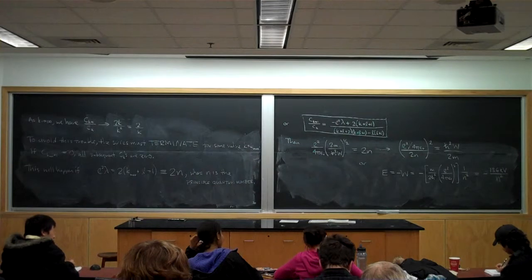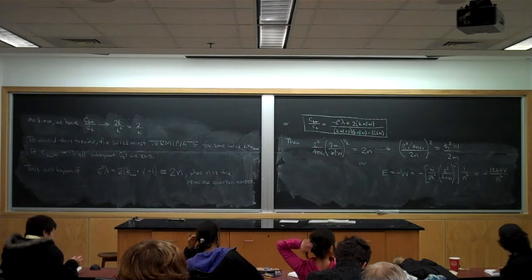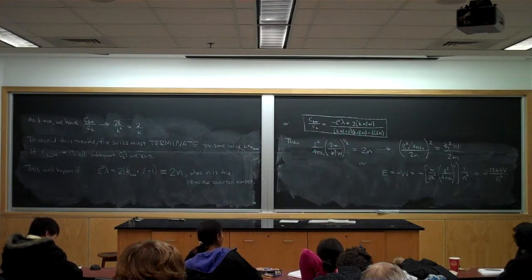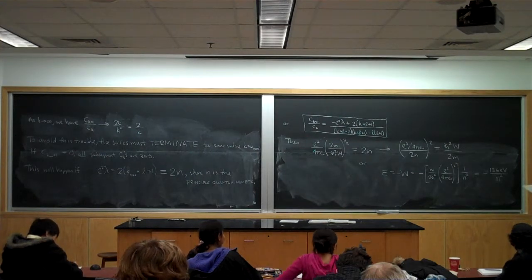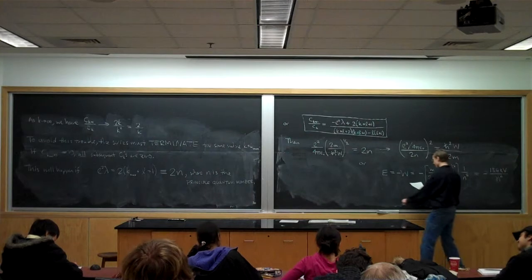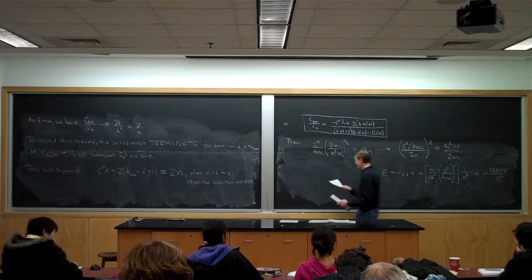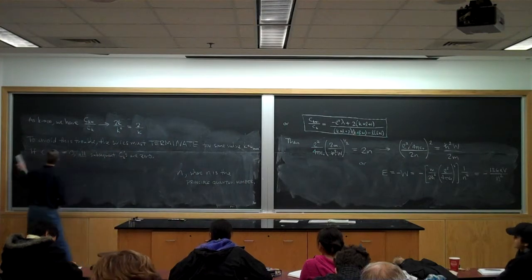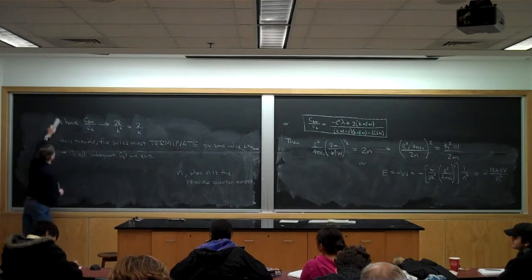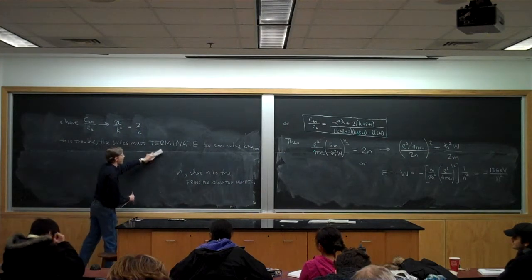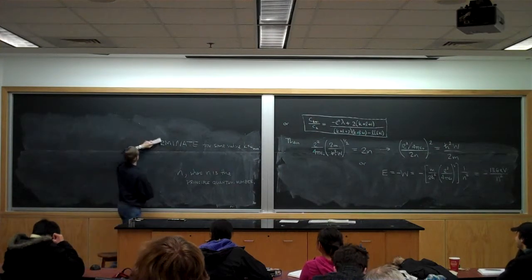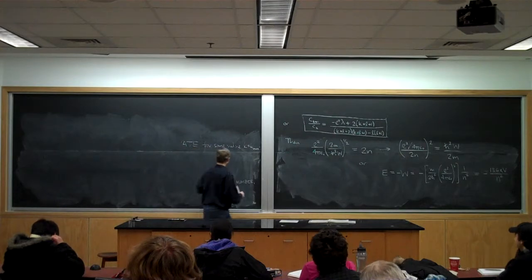Hey, look, it's the Bohr energies. It's the energies that come out of the Bohr model. Check that out. So to keep the wave function from blowing up, to make it normalizable, the series has to terminate.